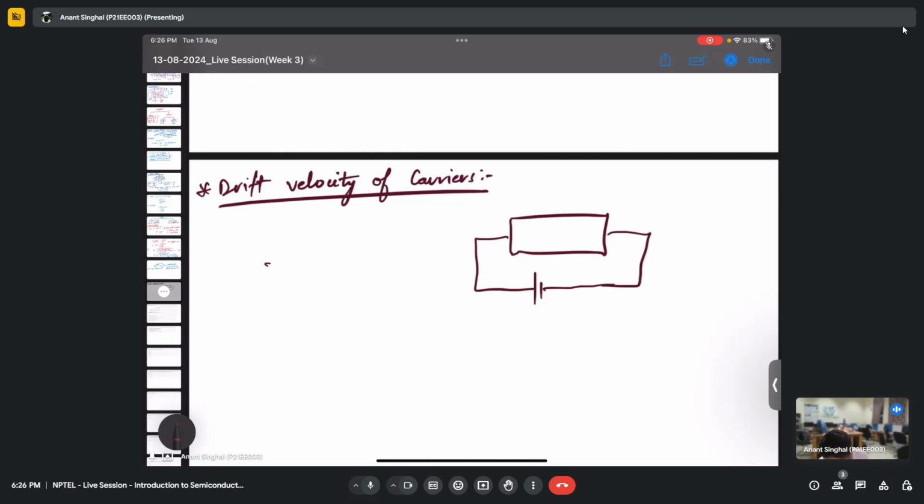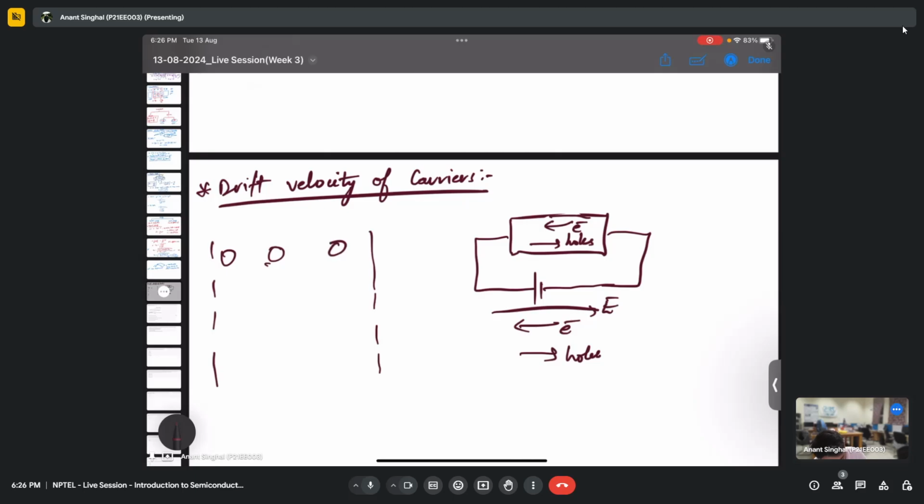We know that the electron motion will be from the negative to the positive, and the electric field will be in the opposite direction to the flow of electrons. Inside the semiconductor, the electrons flow like this, and holes flow like this. If I generalize this, let's say I take some lattice in which we have some atoms.